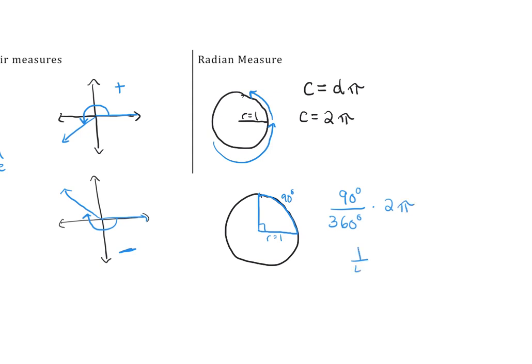So this is essentially a quarter of the way around 2 pi, which is pi over 2. So what we're going to be doing is converting these angle measures into radians, which has to do with part of the circumference around a circle.